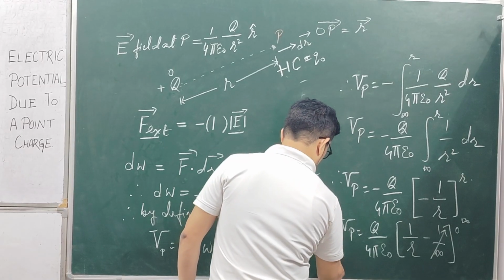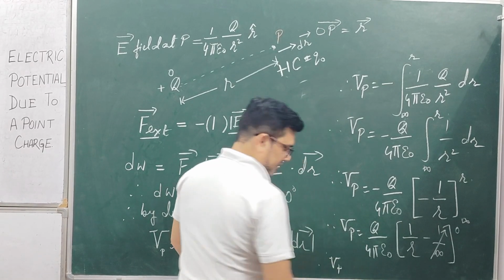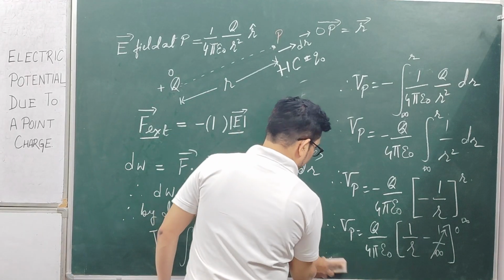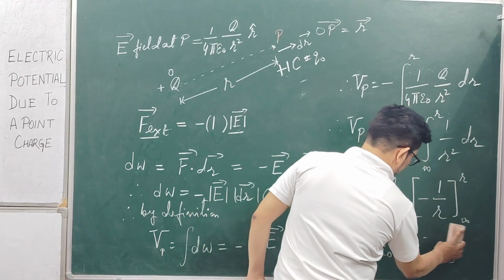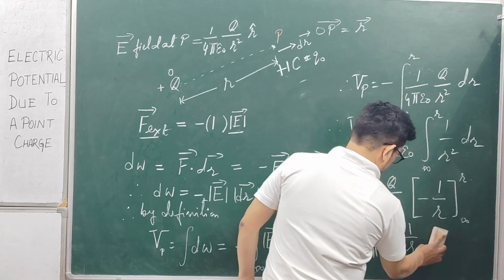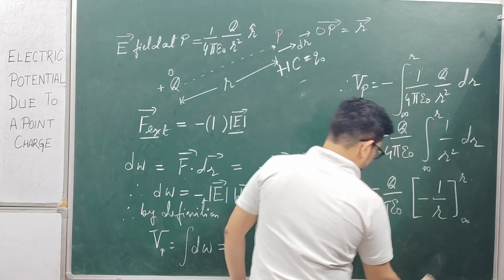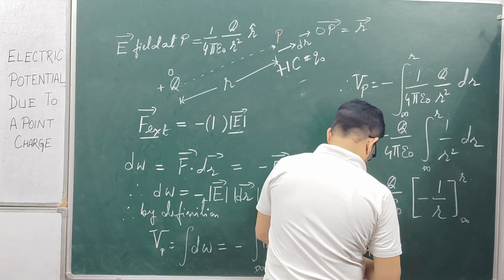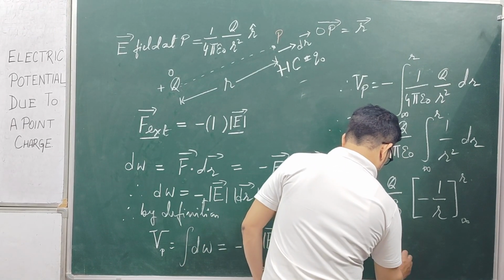So we get Vp, that is the potential at point P. There's no place to write, so I'll just rub it here and write the result this way, with R in the denominator.